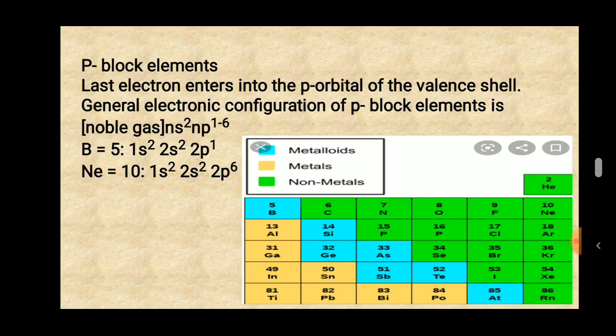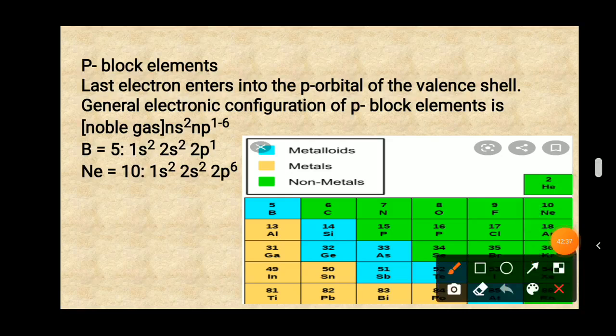Boron, atomic number 5, is written as 1s2, 2s2, 2p1. For carbon, atomic number 6, it becomes 1s2, 2s2, 2p2.